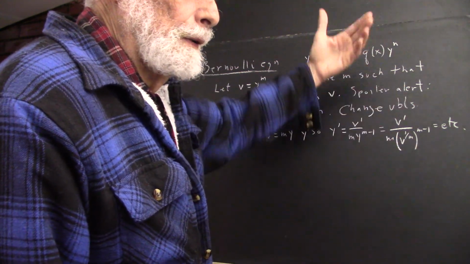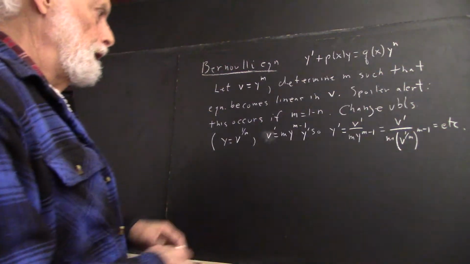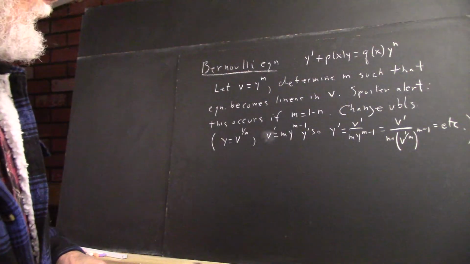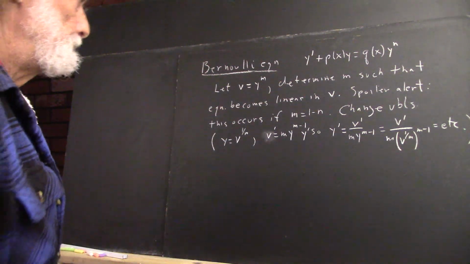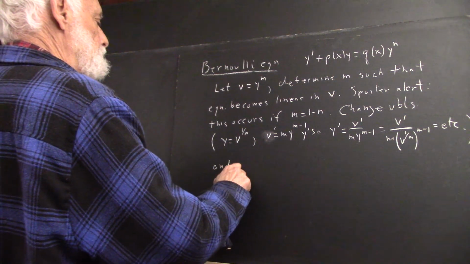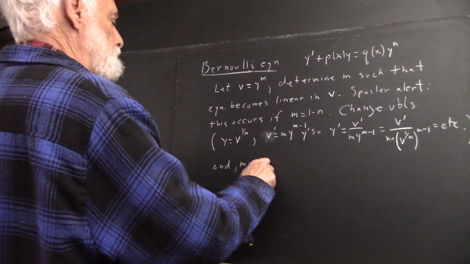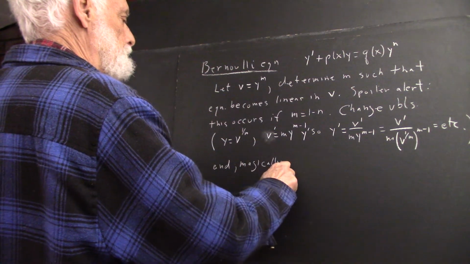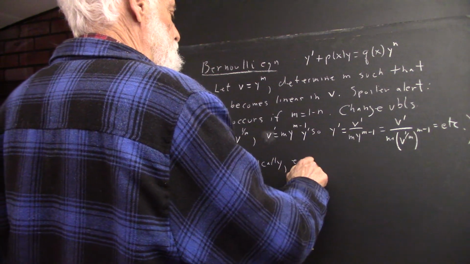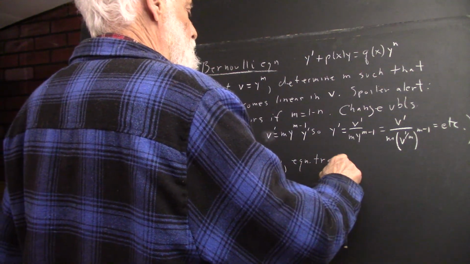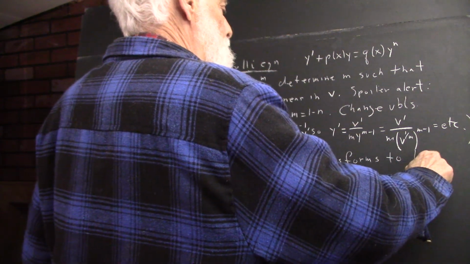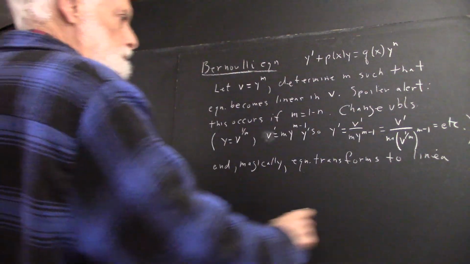Bring it up into the numerator, it's v to the m over m minus 1. Work out the details, if you're working out the details. And magically, linear.